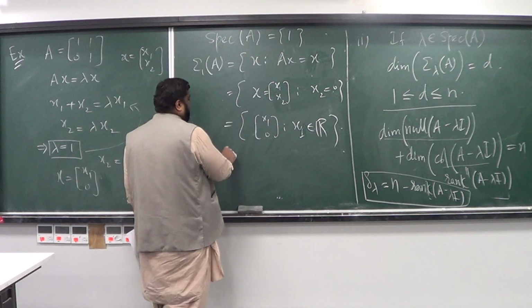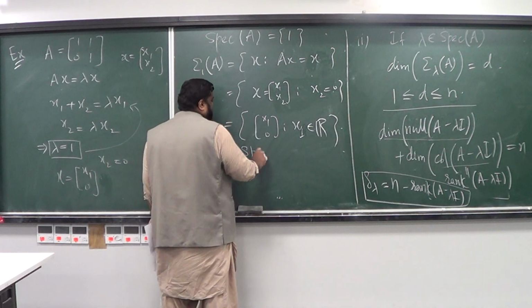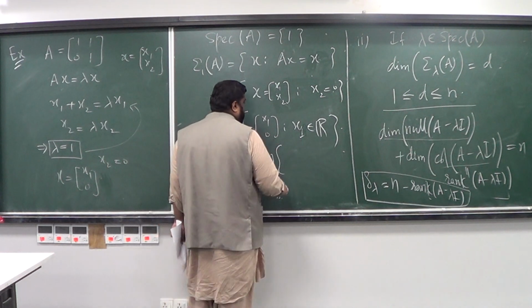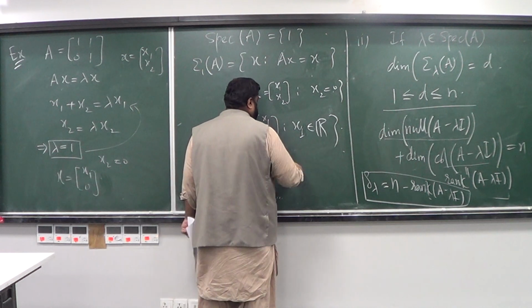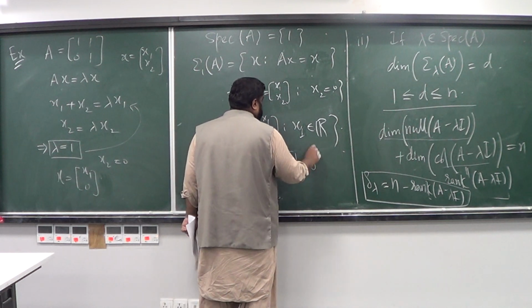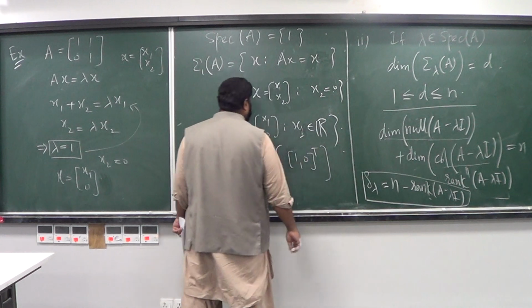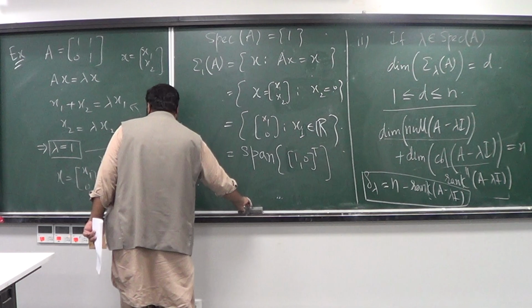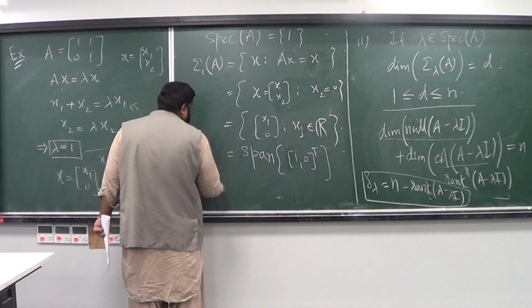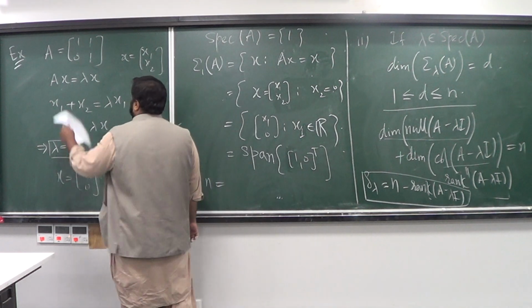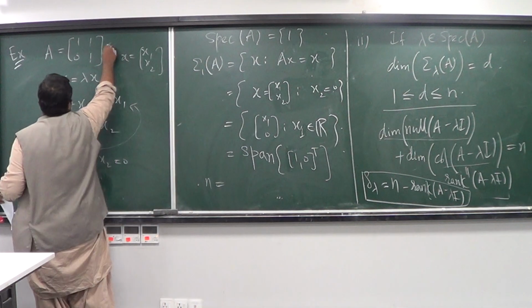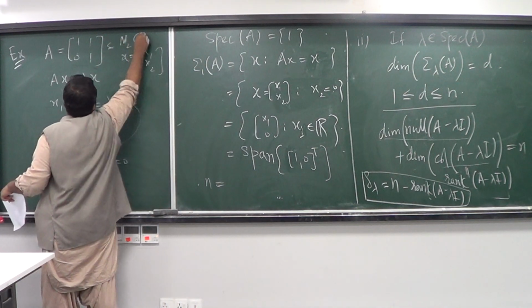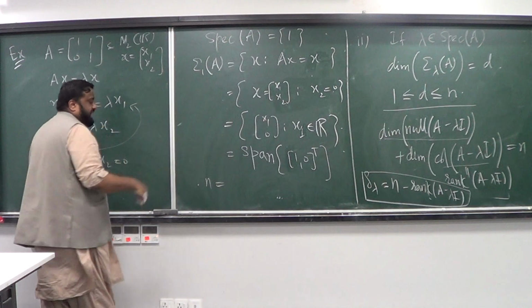Therefore I can say that it's the span of the vector (1, 0) transpose. So this is really the eigenspace of the matrix A. What is n in this case? This is a matrix in M2 of R, so my n is 2.